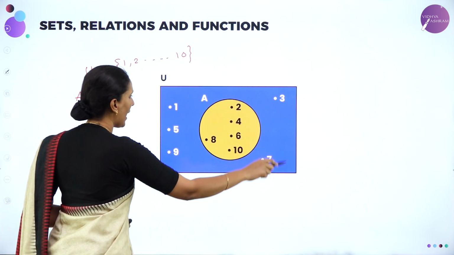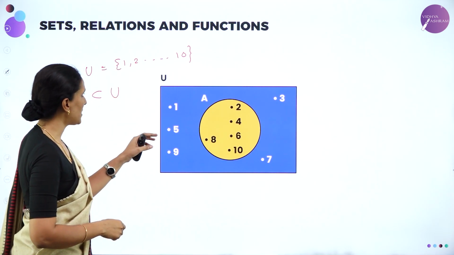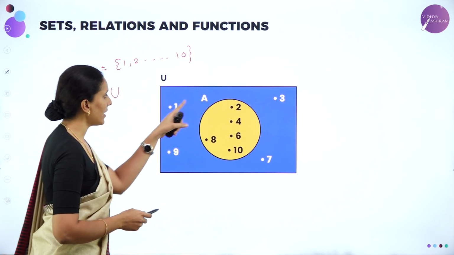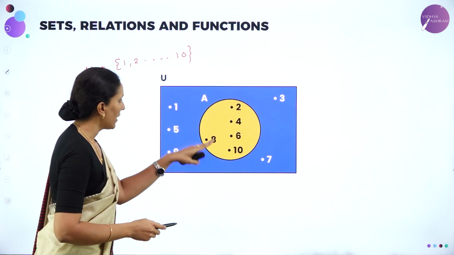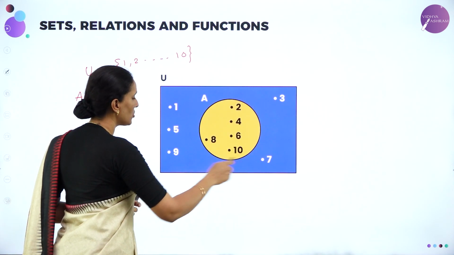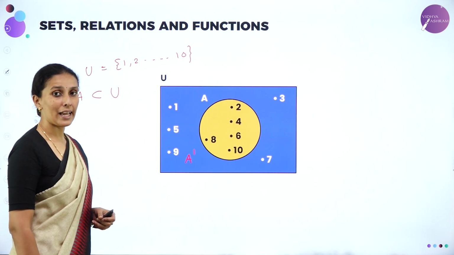The rectangle always represents the universal set, and any subset under the universal set is represented by a circle. The set A contains the even numbers from 2 to 10. The set A complement is the region outside the set, shaded in blue, which is A dash, that is, A complement.